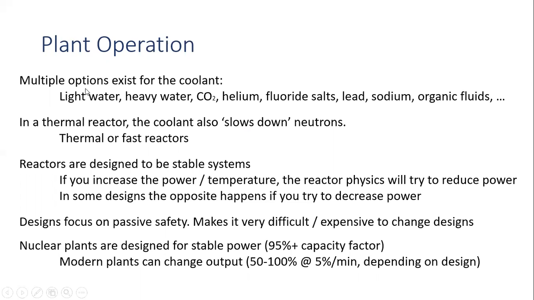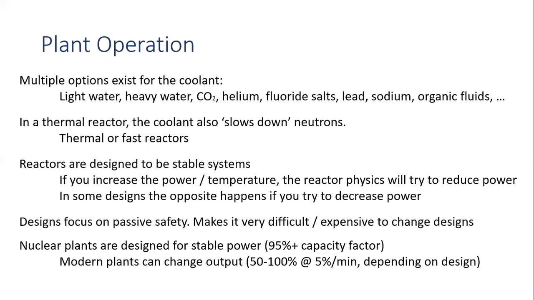We have different types of coolants in a nuclear power plant: light water, heavy water, CO2, helium, fluoride salts, lead, sodium, organic fluids, etc. In a thermal reactor, the coolant also slows down the neutrons. Reactors are either thermal or fast.